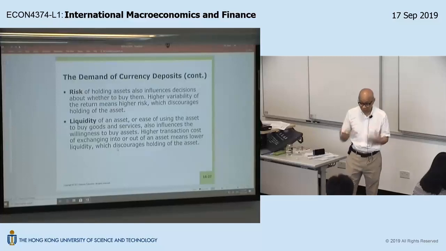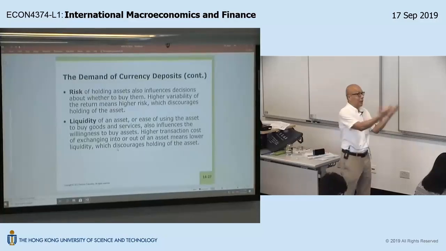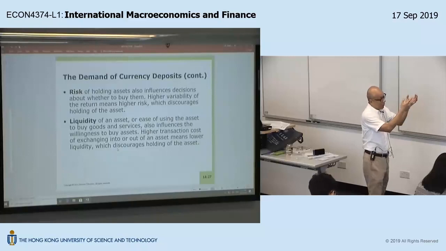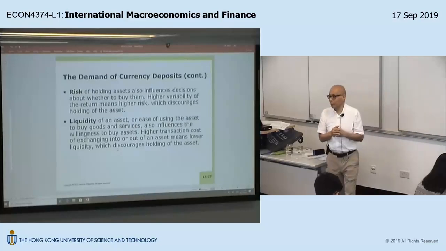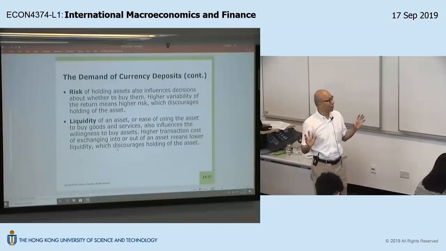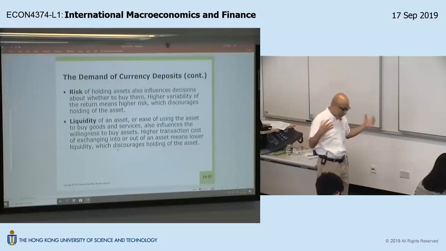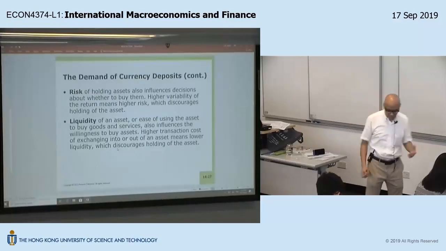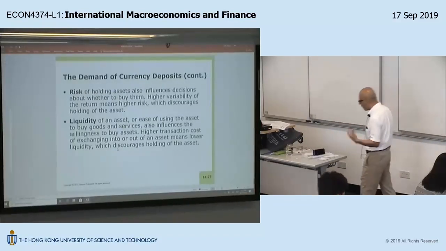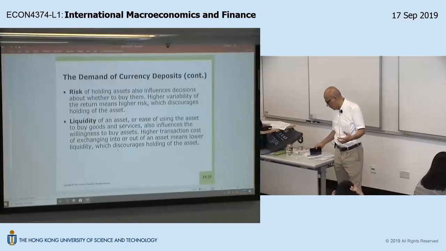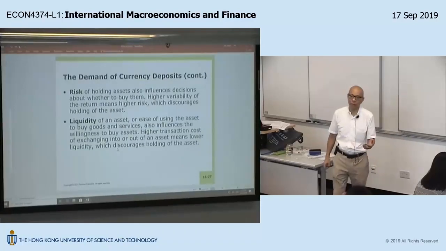Okay, so real estate is not very liquid. But foreign currency deposits, on the other hand, are very, very liquid, usually. The foreign exchange market is very large. So for the major currencies, you usually don't have a liquidity problem.